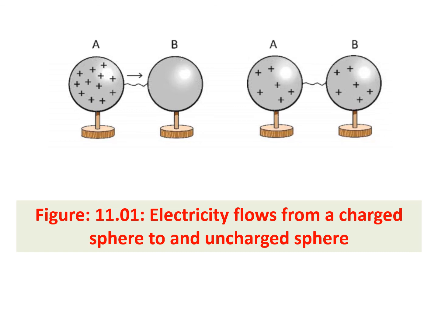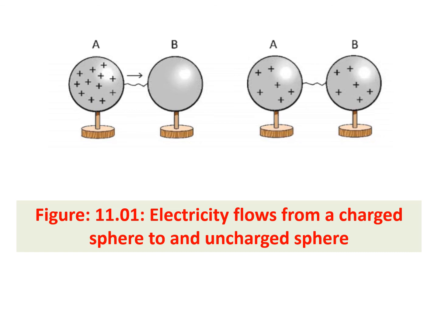Look at this picture. You can see the amount of charge in A is 1, 2, 3, 4, 5, 6. The amount of charge in B is 1, 2, 3, 4. That means we can say the potential of A and B is the same. That's why no charge flows from A to B.